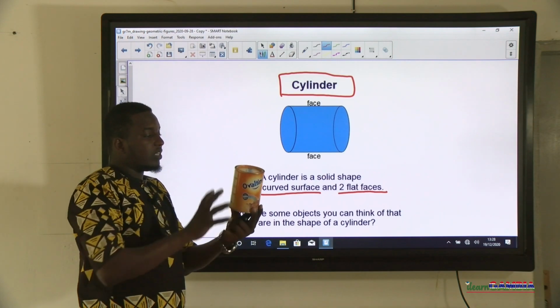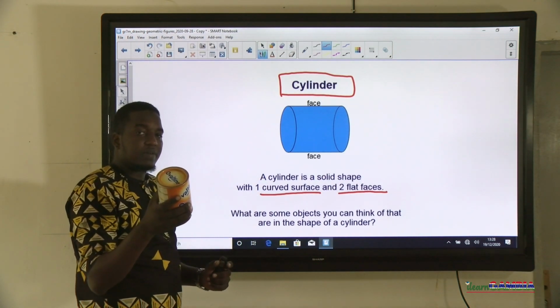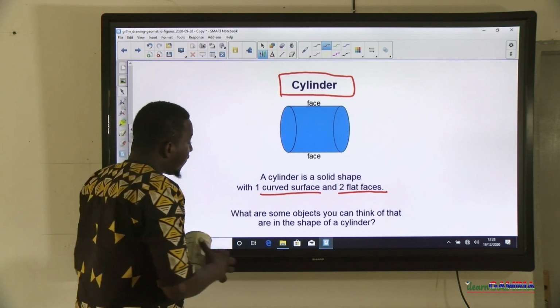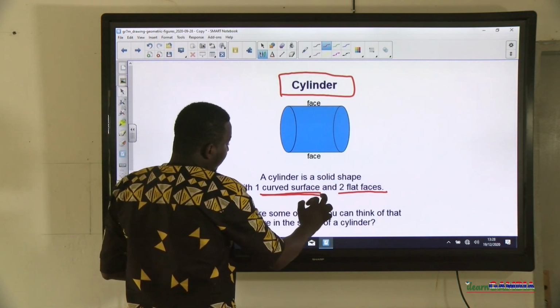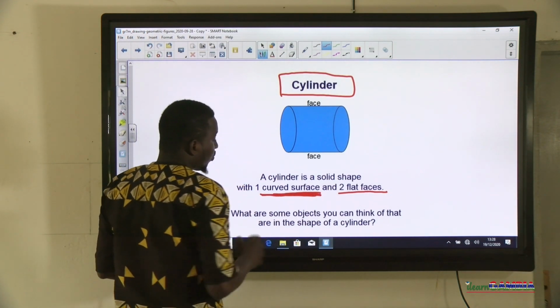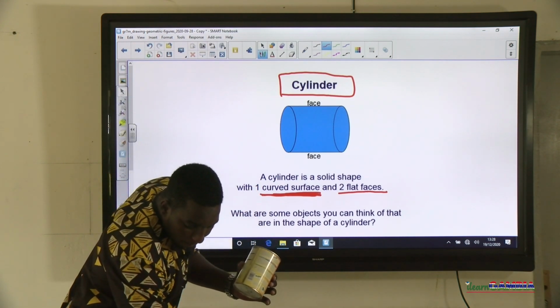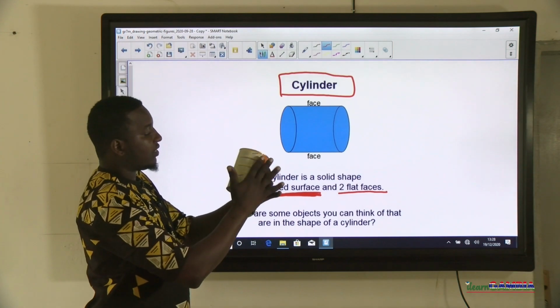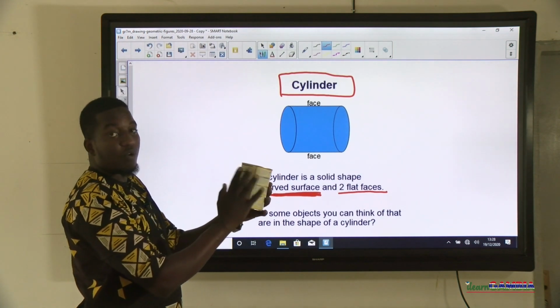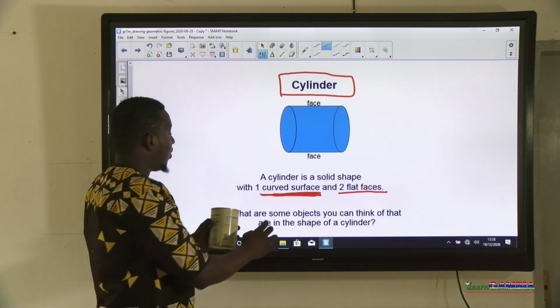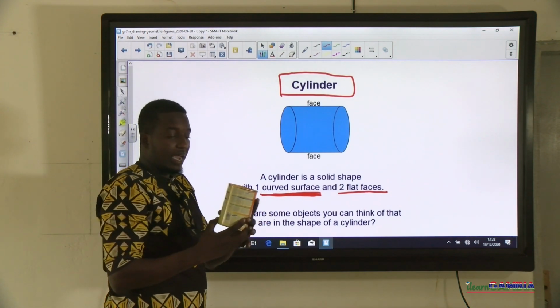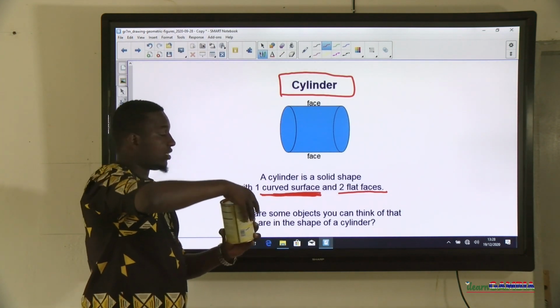If you look at the shape of the tin, it is cylindrical. The curved surface that we are talking about is this region of the tin. As you can see, it is curved, and it's just one curved surface.